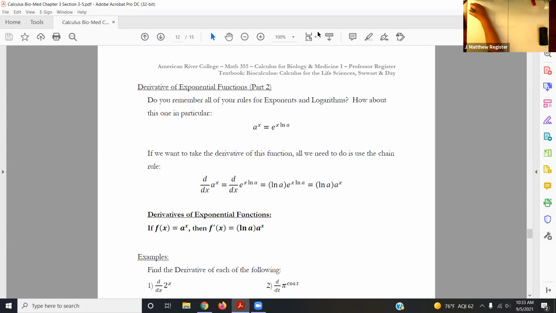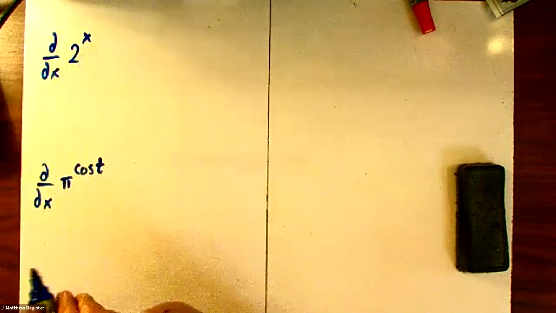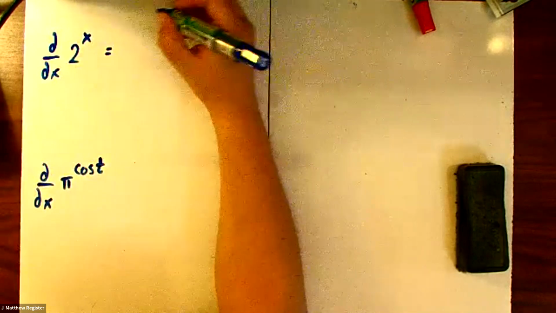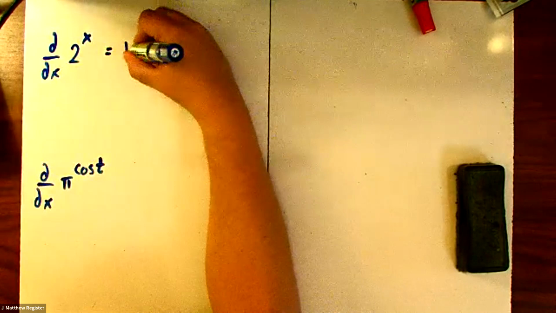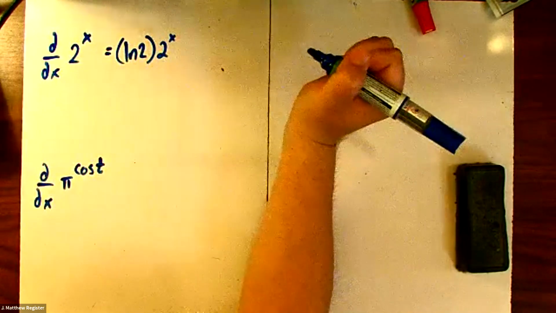d dx of 2 to the x. And then we will do d dx of pi to the cosine of t. And so the derivative of 2 to the x is going to be giving us the natural log of 2 times 2 to the x.